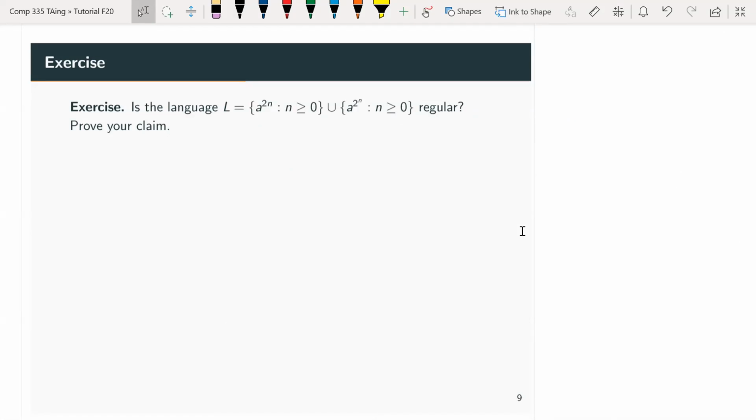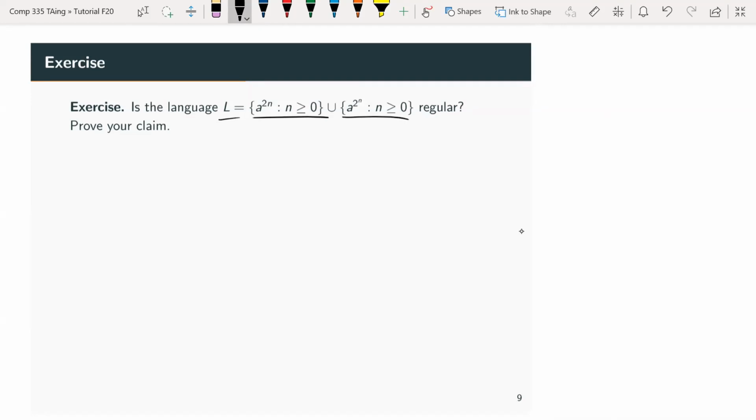I want to know if the language L, where L is the union of A to the 2n, in other words, the strings that contain an even number of A's, union A to the 2^n, so the strings that contain a power of 2 A's, is either regular or non-regular, okay?